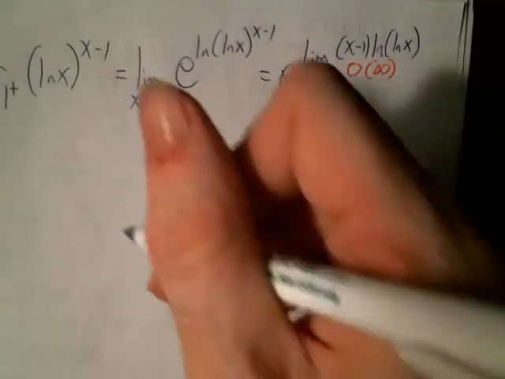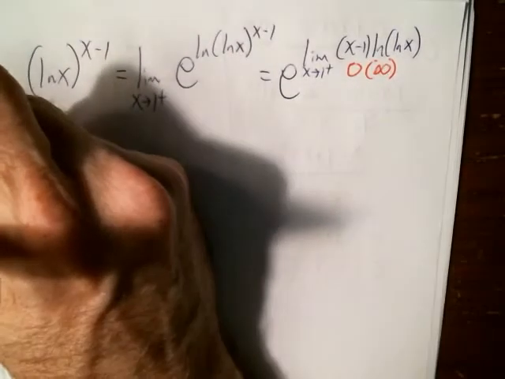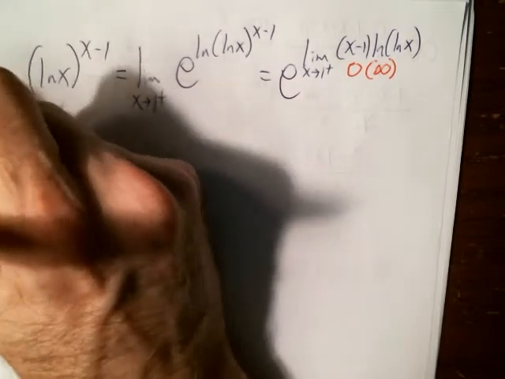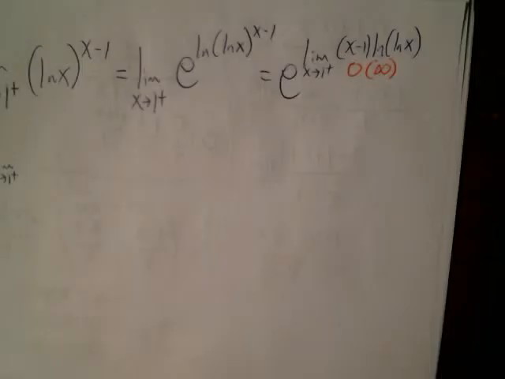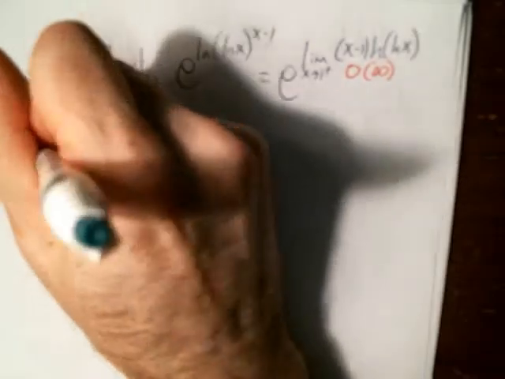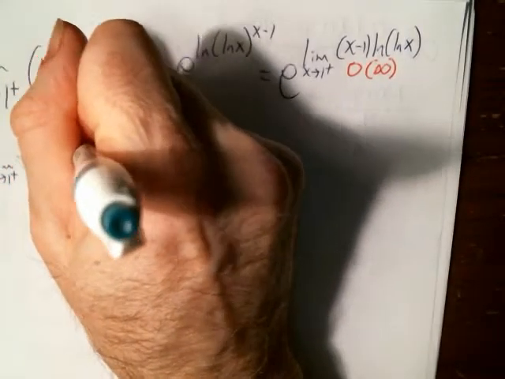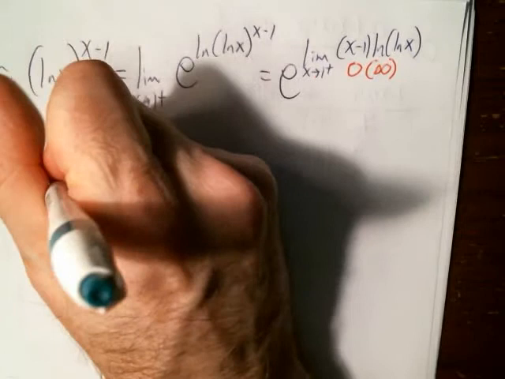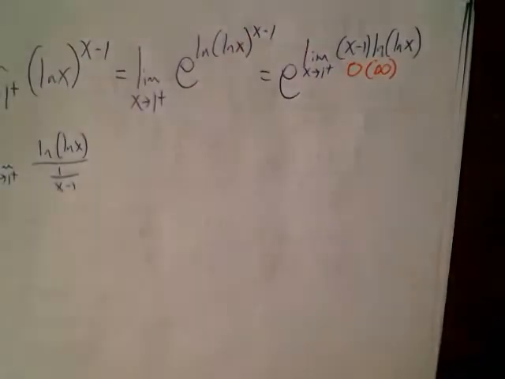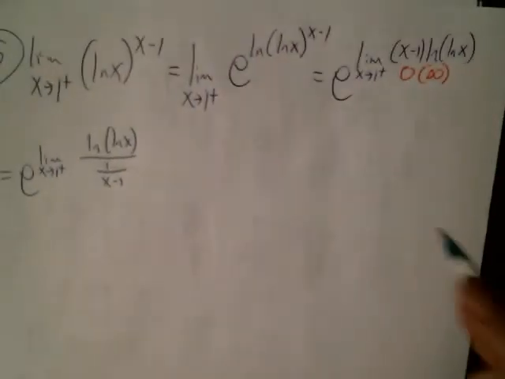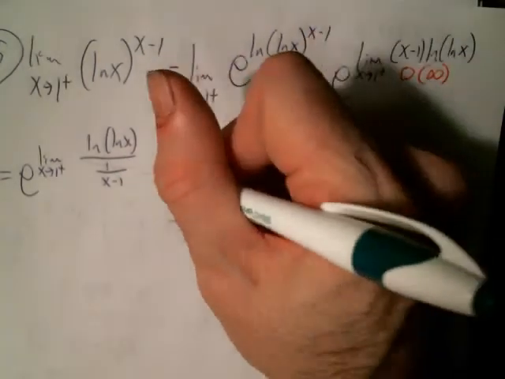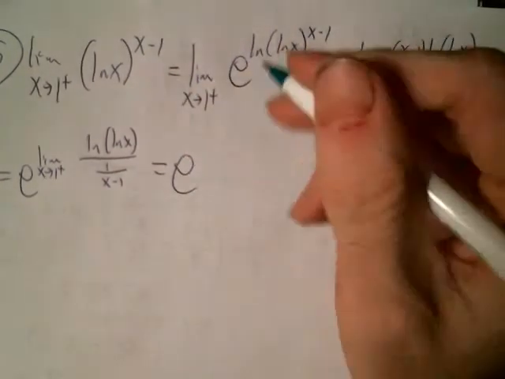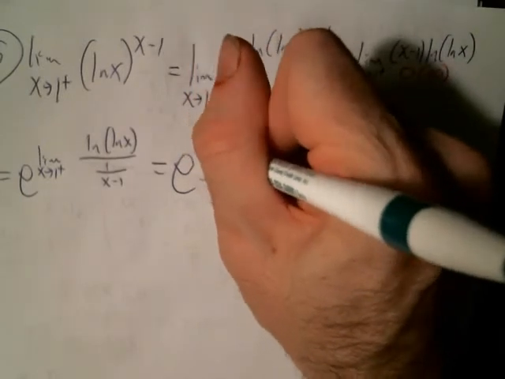So I need to rewrite it as a fraction. I have then e to the limit as x goes to 1 from the right of ln of x all over 1 all over x minus 1. So now the form is infinity over infinity, and I can do L'Hopital's. I don't know how much of a help that's going to be, but we'll look.